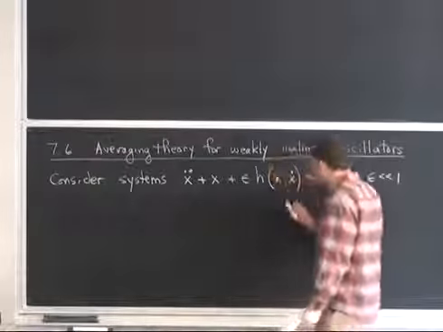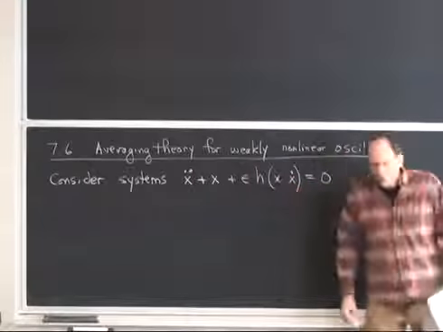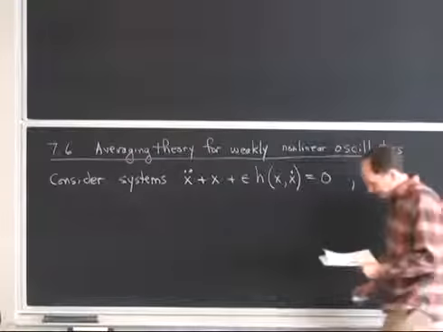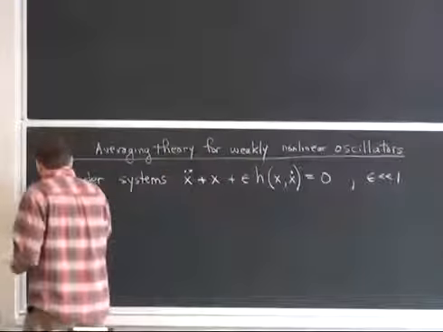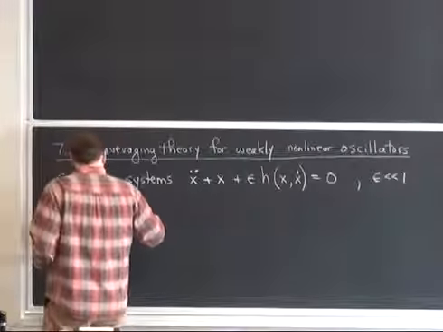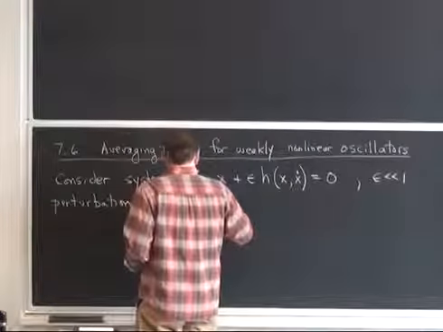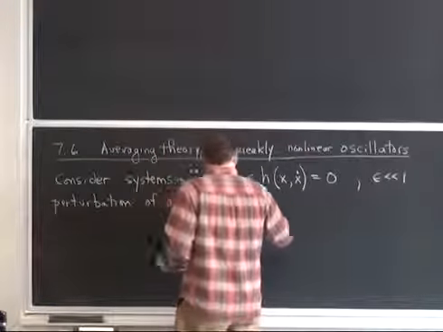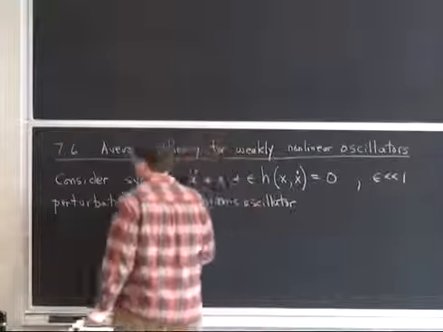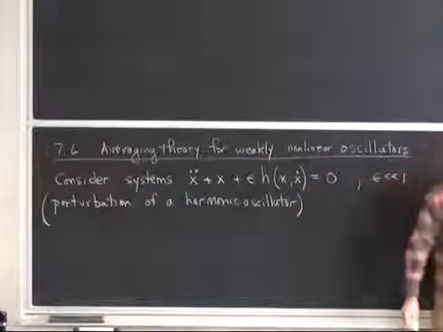We could also allow this to depend on time, but for today, let me just stick to the case where it's just X and X dot. So it's an autonomous system. You could regard it as a perturbation of a harmonic oscillator. And there's a whole, vast body of theory about how to do perturbation theory.